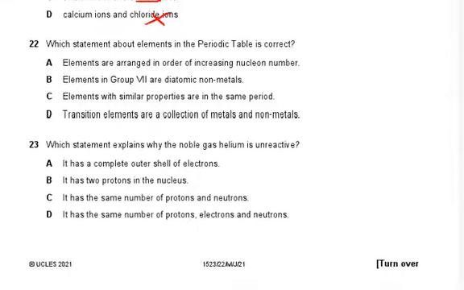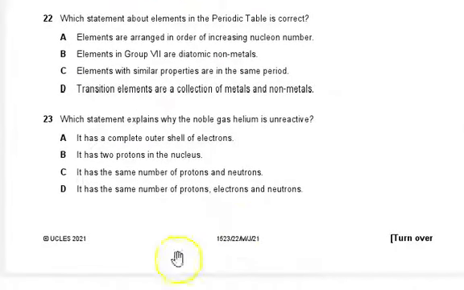Okay, for number 22, which statement about elements in the periodic table is correct? They are arranged in order of increasing nucleon number. This is wrong, because your answer here should be increasing proton number.